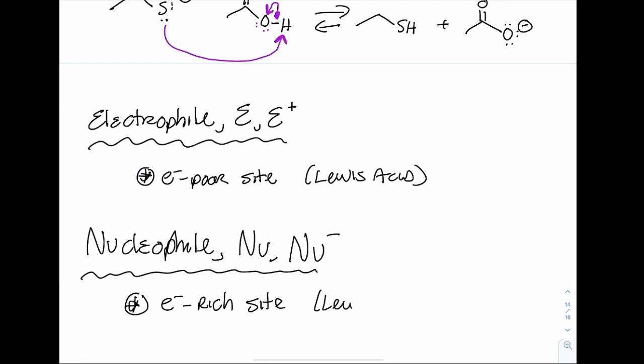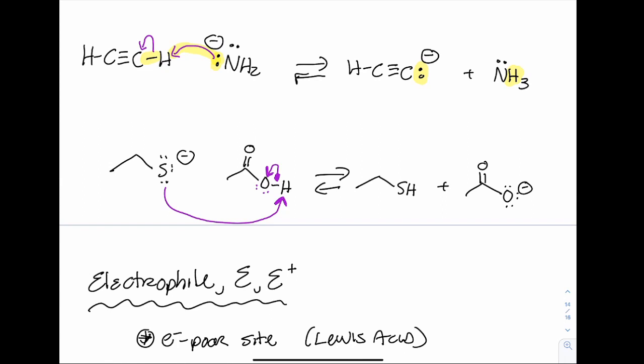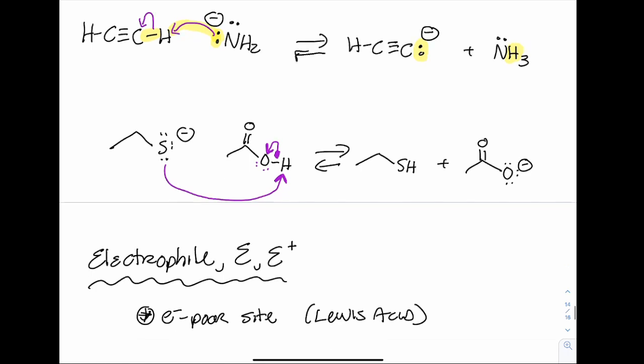Lewis bases are nucleophiles. They have those lone pairs, so they're electron-rich. Those curved arrows, whenever we're drawing them between different structures, always go from our nucleophile, our electron-rich site, to our electrophile, our electron-poor site.